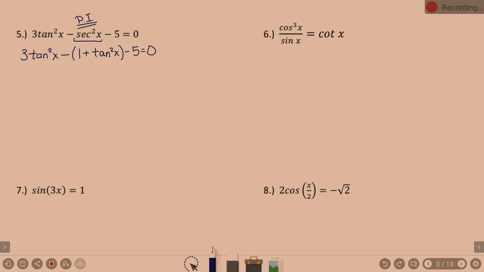Since it's minus secant squared, I put in parentheses the rest of my Pythagorean identity. Okay? Now, let's do some cleanup. I put the parentheses there just because there's a minus sign, yes? So if I remove my parentheses, I have 3 tangent squared x minus 1 minus tangent squared x minus 5 equals 0.